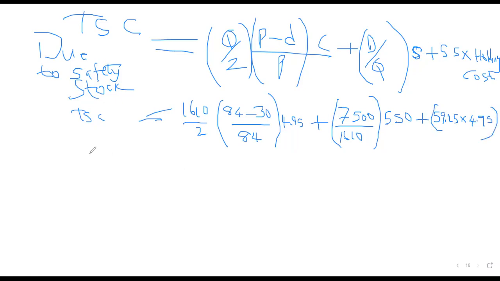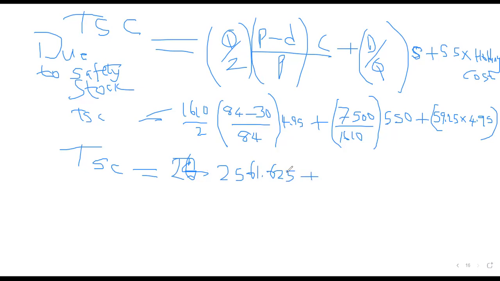Breaking this down, we can find the total stocking cost. 1610 divided by 2, multiplied by 54, divided by 84, multiplied by 4.95 gives us 2561.625.